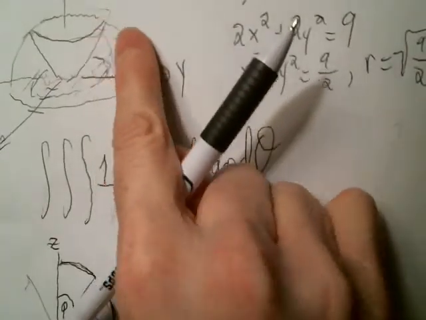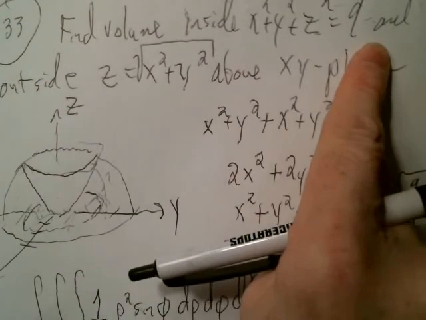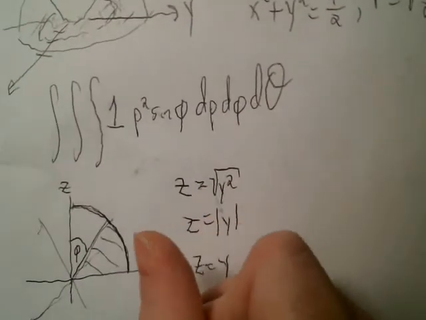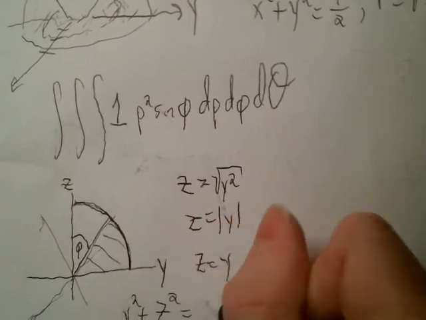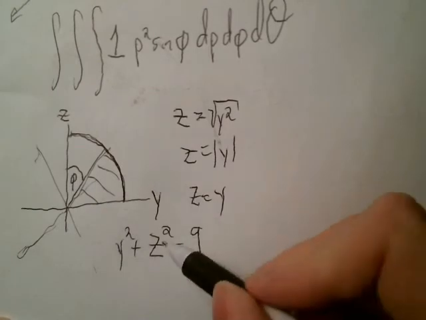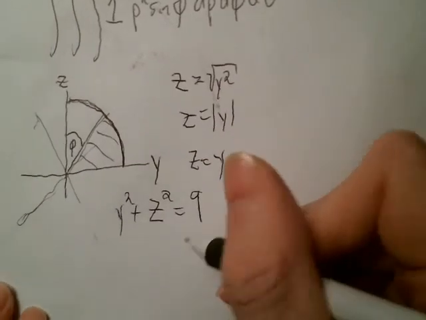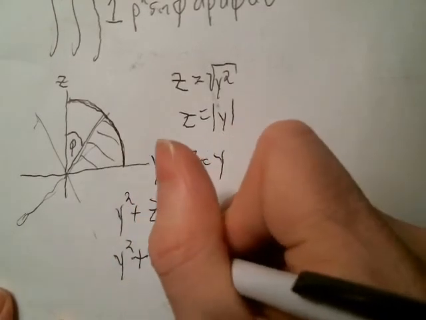And then this curve here is from the sphere itself. If you let x equal 0 in this equation, you get y squared plus z squared is 9. To find the intersection point, I could just replace z with y.